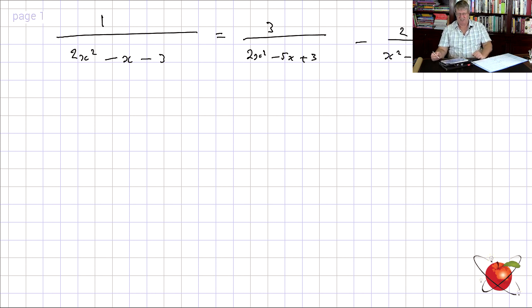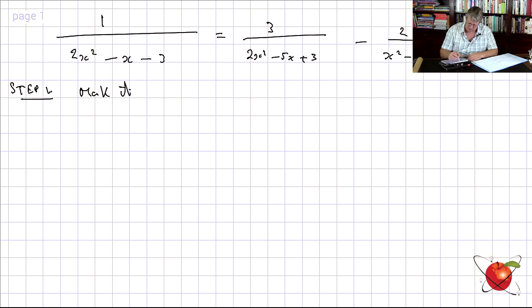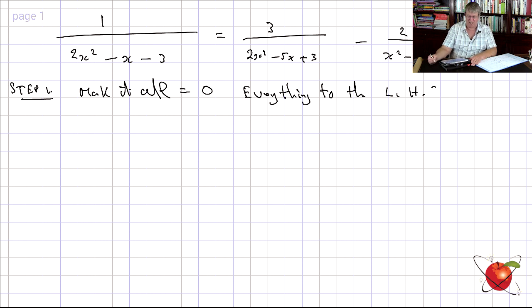Step 1: make it all equal 0. In other words, take everything to the left hand side.